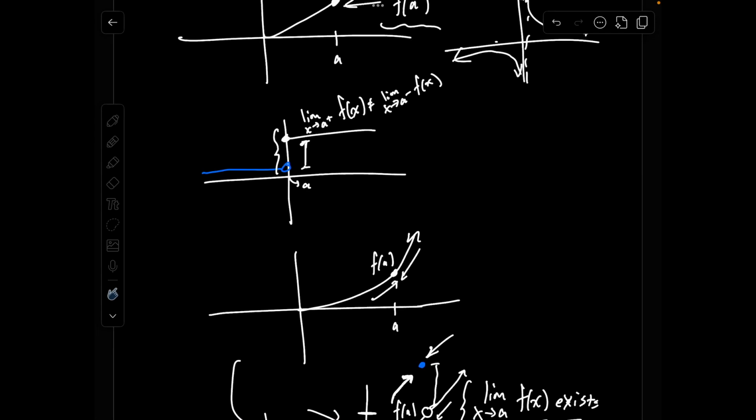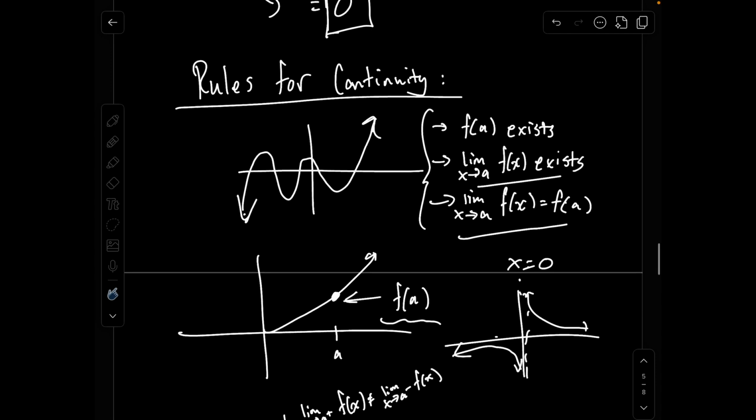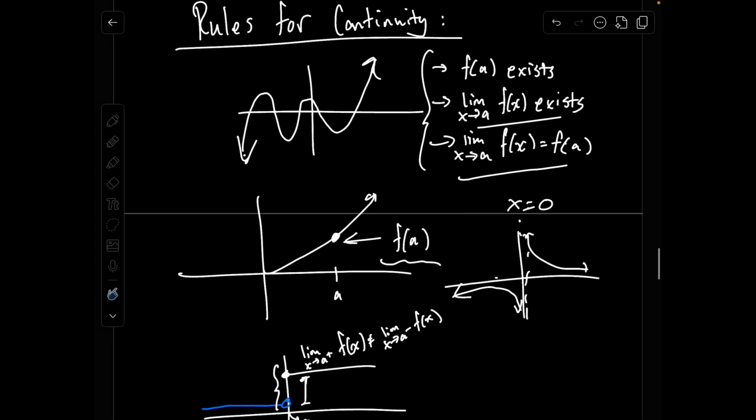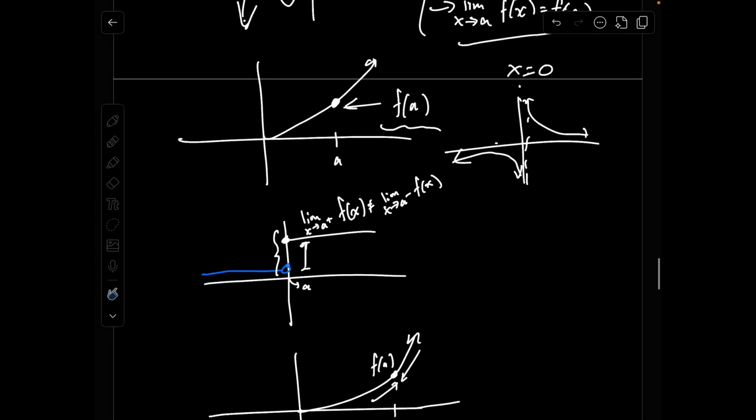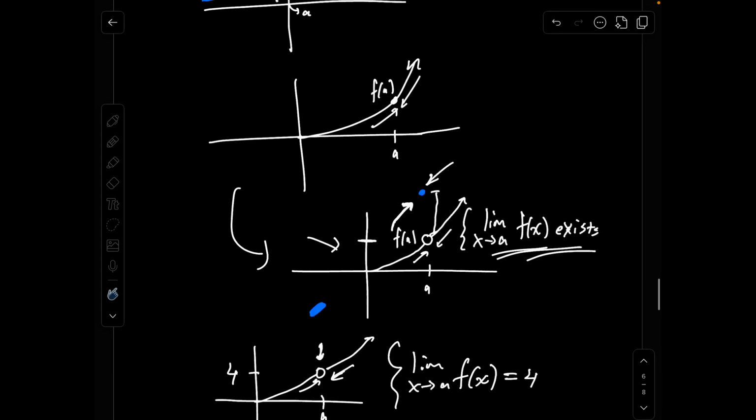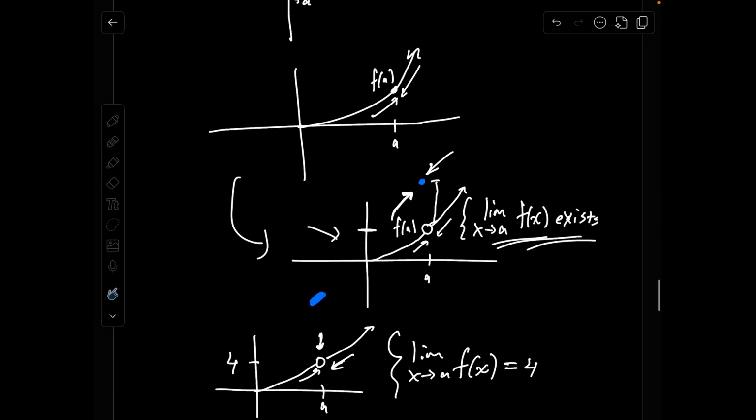Alright, so now we should consider the third idea, which is that the limit as x approaches a of f of x is equal to f of a, alright? So essentially what this means is that it considers jump discontinuities, like you see that blue dot on top. It considers that discontinuity, and it says that the graph is discontinuous if it has a jump discontinuity, right?